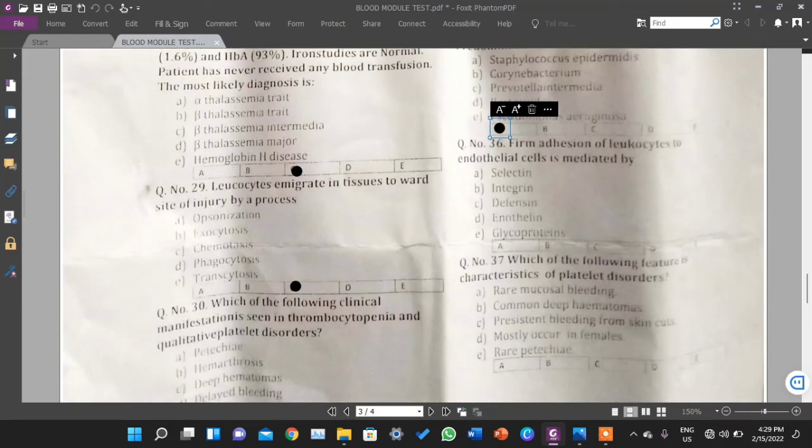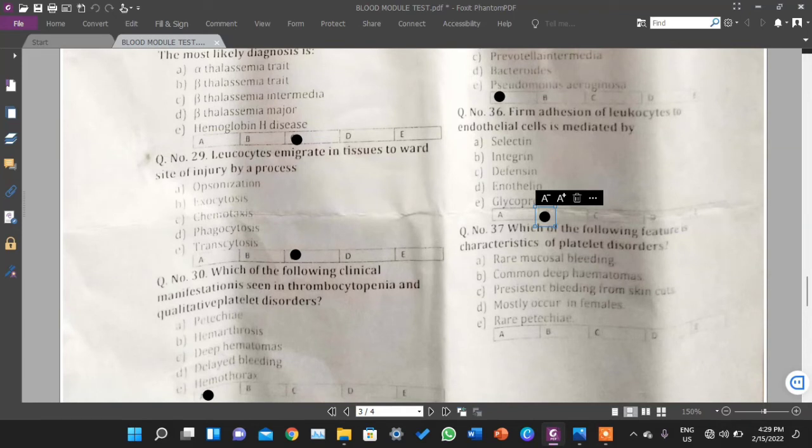Question number 36. Firm adhesion of leukocytes to endothelial cells is mediated by selectin, integrins, defensin, antilins, or glycoproteins. Firm adhesion of leukocytes is basically mediated by integrins, while the loose adhesion is caused by selectin.